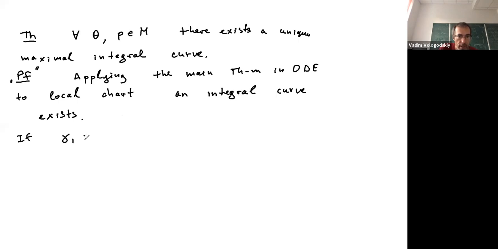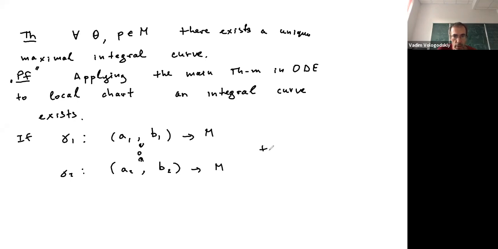What I have to show is that if I have two integral curves, say one from an interval to M, and another integral curve, and I assume that 0 sits both here and here, then consider the intersection of these intervals.